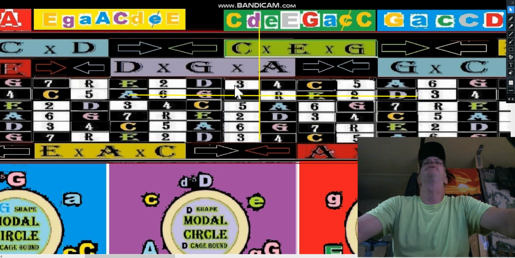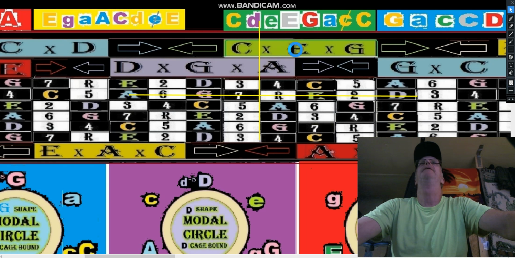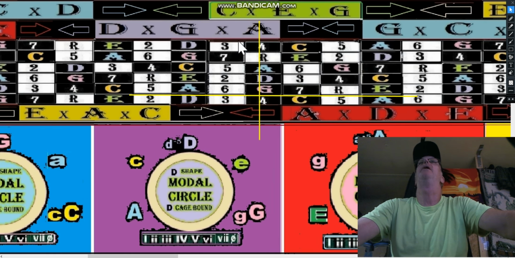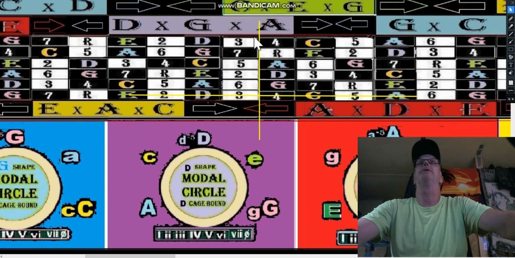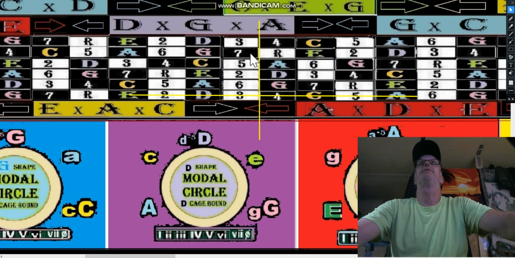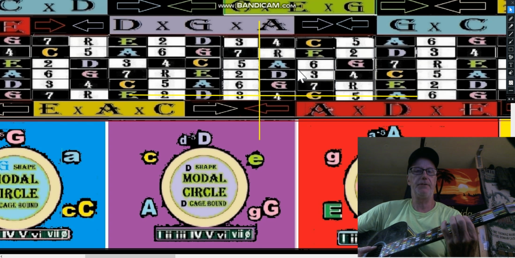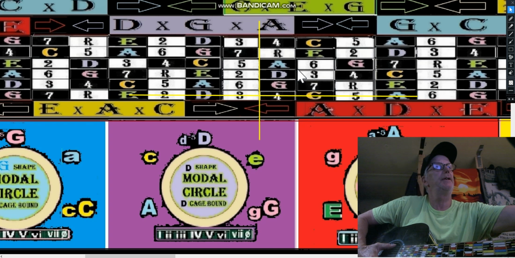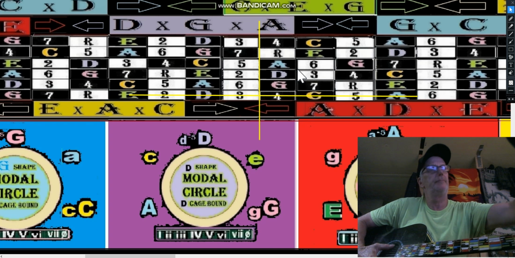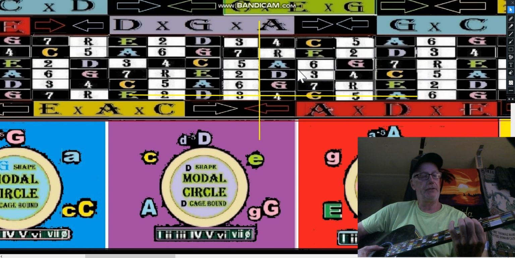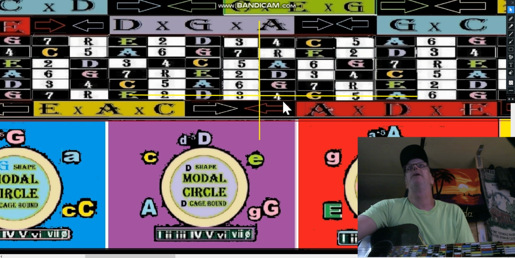Now, what happens to the modals is what this particular chart is all about, and I really haven't done my homework on it. Certainly, I want to show you something. If we're on the C shape here, so say this is your fret nut right here, this is the E, which is the third of C. Okay, so this is 3 4 5 string shape down here.